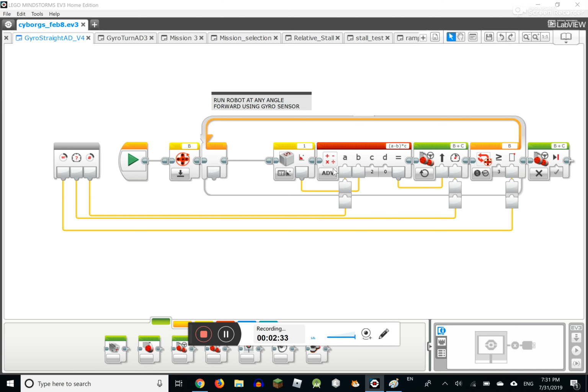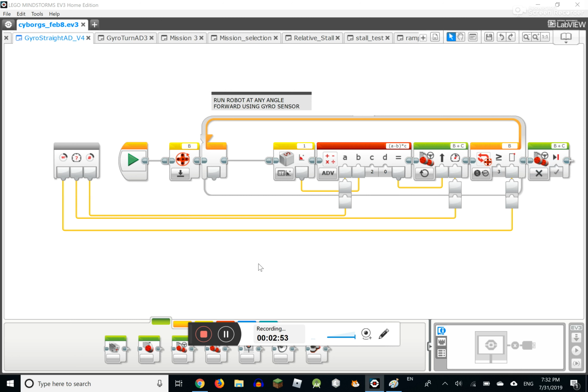It'll just keep repeating this until your large motor reaches the degree threshold that you set in the first parameter, and then it'll stop.